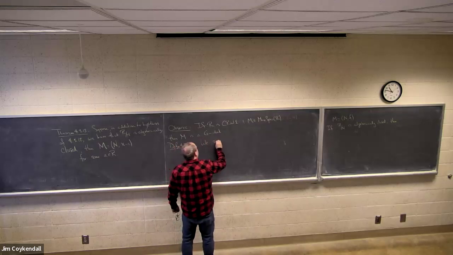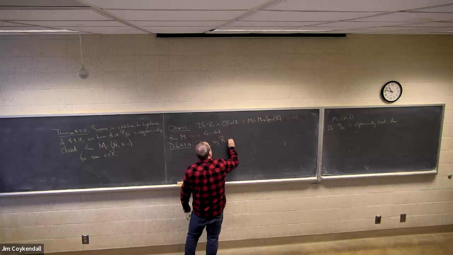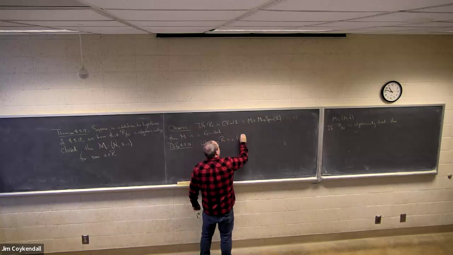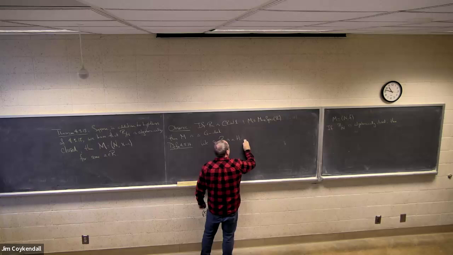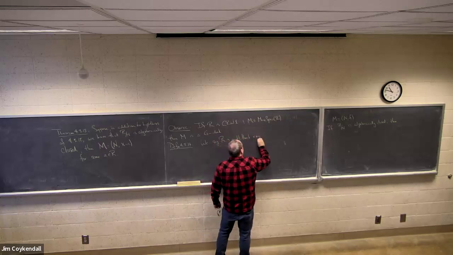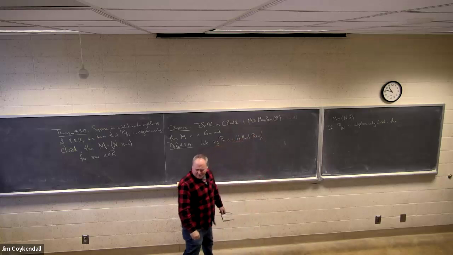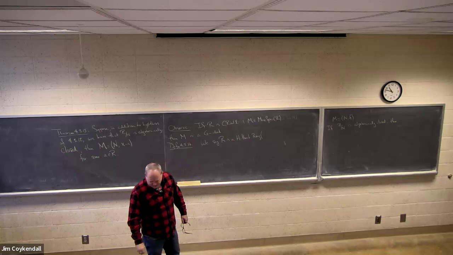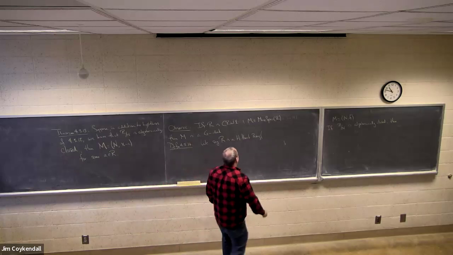We say R is a Hilbert ring, sometimes this is called a Jacobson ring.